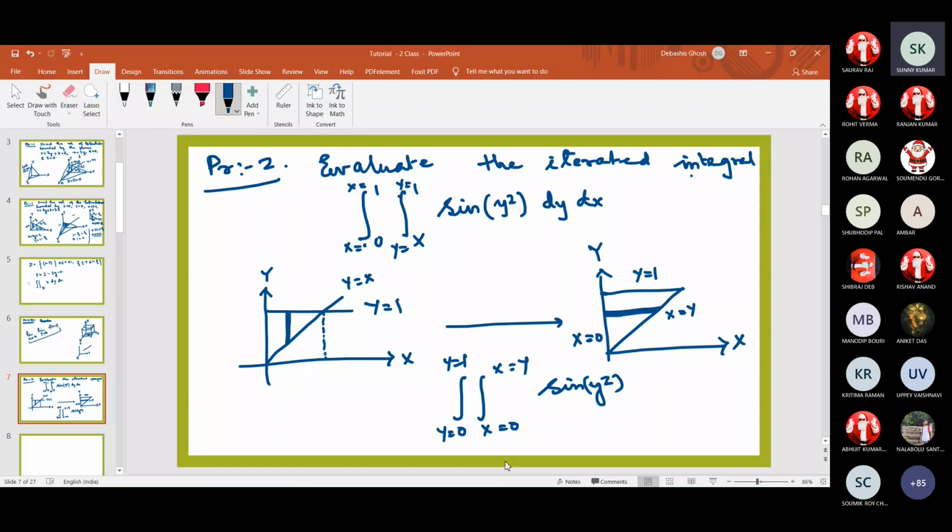We first do the integration with respect to x, and then the integration with respect to y. Then it will be helpful to us to solve that integration. Okay. So with this, I conclude your problems on double integration and iterated integrals.